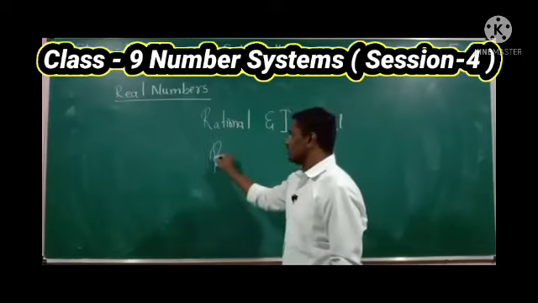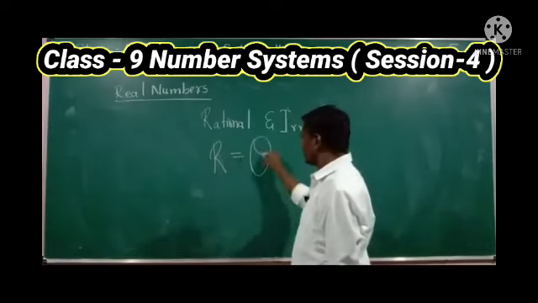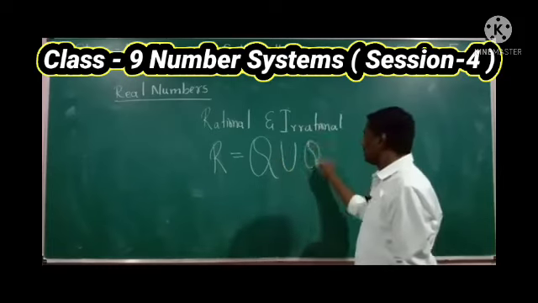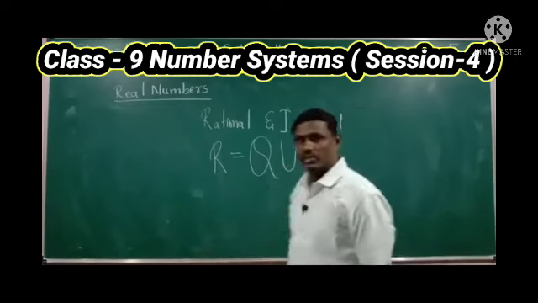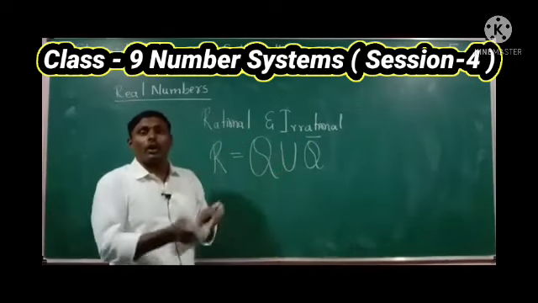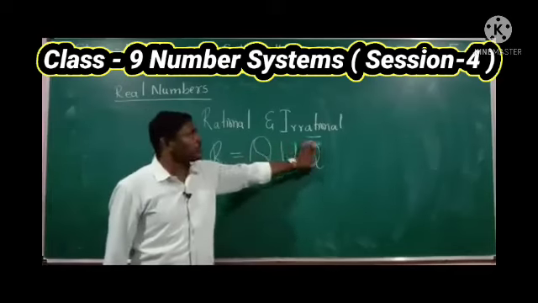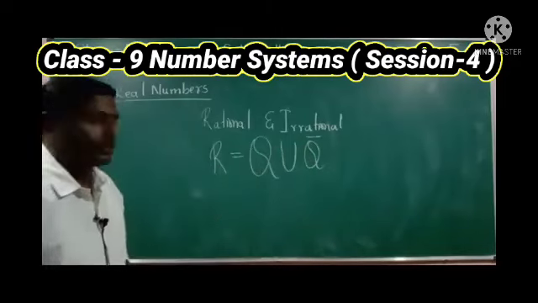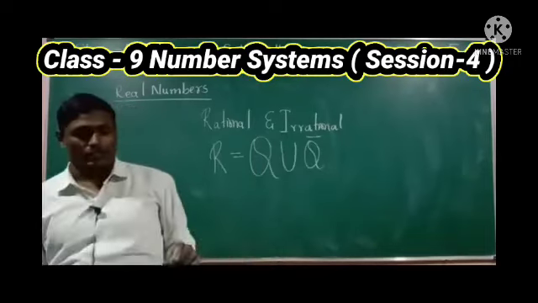It means real numbers are always equal to the union of rational numbers and irrational numbers. You already studied union sets in the previous classes, no? Union set means we are combining all the numbers belonging to rational numbers and irrational numbers.